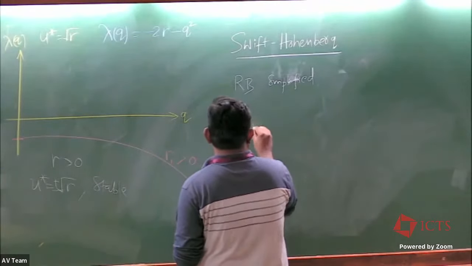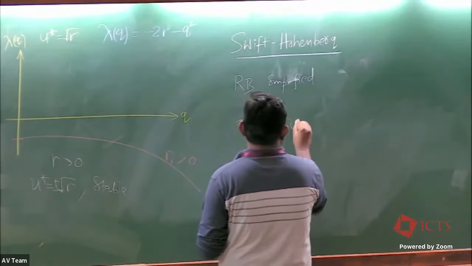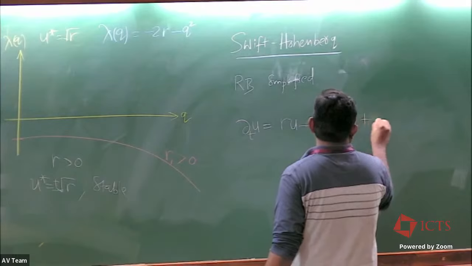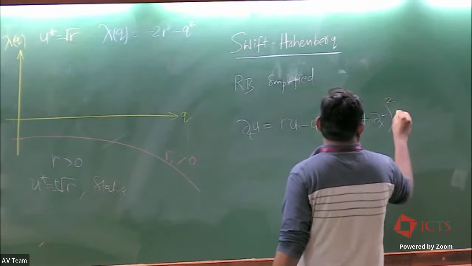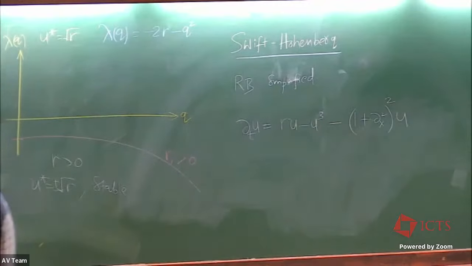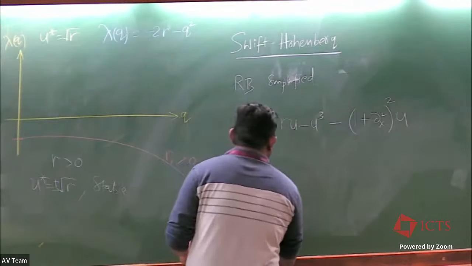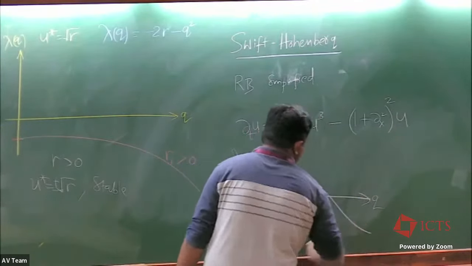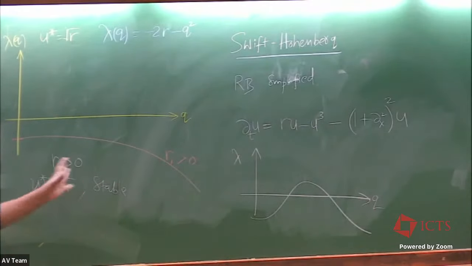So the equation will turn out to be similar, RU minus U cubed as usual, and you will get something like 1 plus dx squared the whole square. And this I will show you when we do the linear stability analysis. We'll start getting spectra, which, depending on parameters, will turn out to be of the following kind. So you'll find that beyond certain parameter values, there'll be a certain set of inhomogeneous spatial perturbations which will grow. So which means the homogeneous state will become unstable.